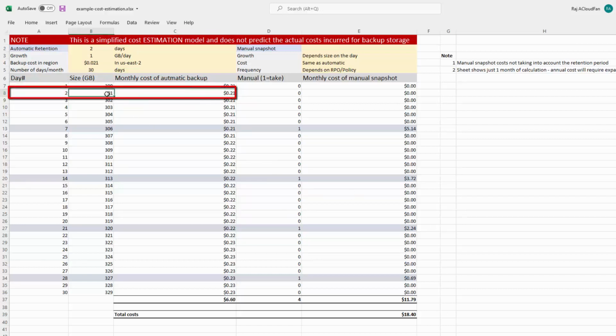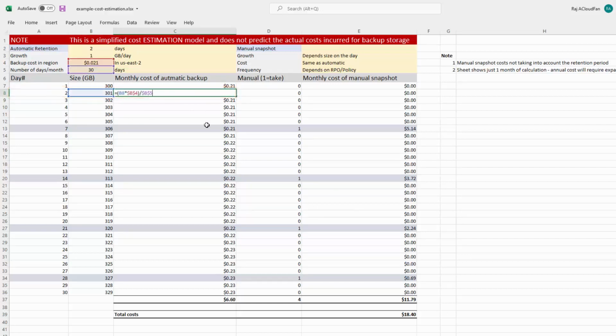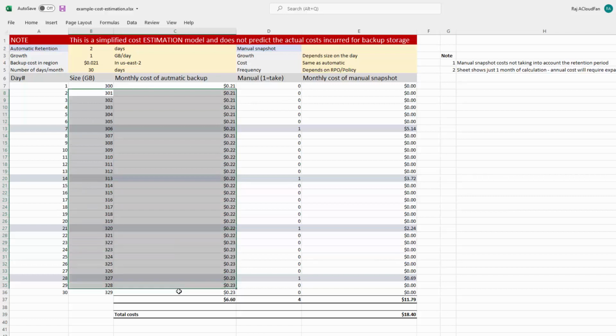On the second day, the size of the cluster will be 301 GB. So the cost will be calculated by multiplying 301 times the cost of backup storage in the region divided by the number of days in the month. The same formula is applied to the rest of the days in the month to calculate the prorated backup storage cost for automatic backup.